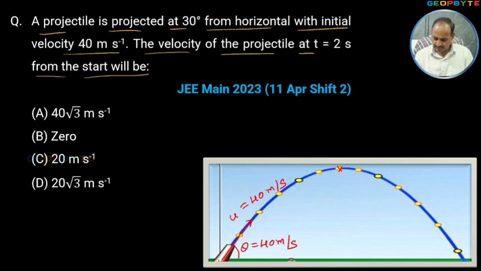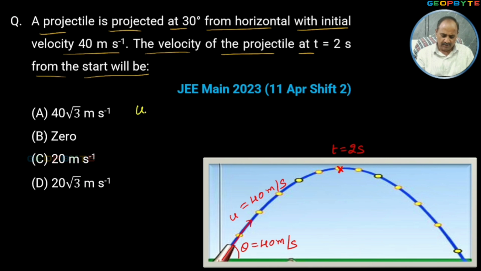Let us take the location of the particle after t equal to 2 seconds. Here the horizontal component of velocity remains constant for projectile motion.